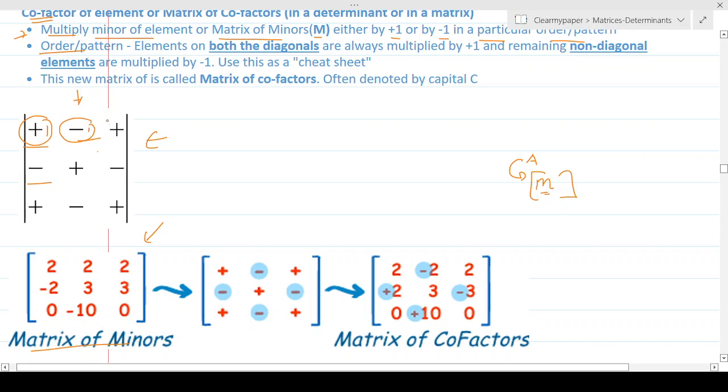In essence, elements on both diagonals are always multiplied by plus 1 because they have plus signs, and the 4 remaining elements in a 3 by 3 matrix will always be multiplied by negative 1. That's what applying cofactoring to a matrix of minors means.